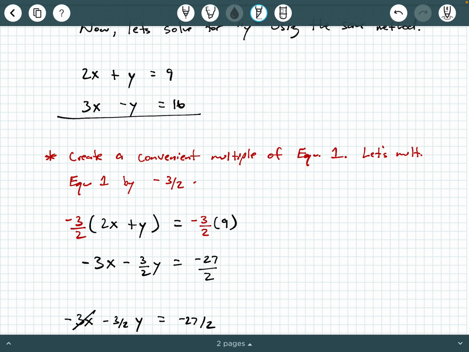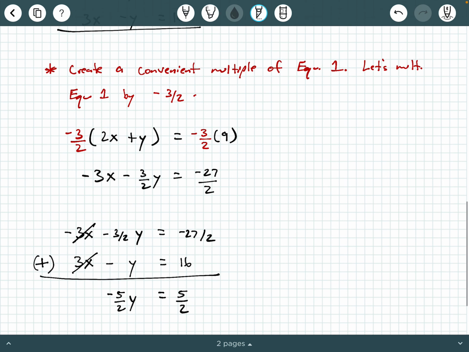So when I asked myself that, I said, well, if I multiply equation 1 by negative 3/2, then the 2 in front of the x term will cancel, and a negative 3 will get multiplied into the x term. That's where I came out with this negative 3x. And then I'll be able to add these two equations together such that the negative 3x will cancel out with the positive 3x from equation 2.